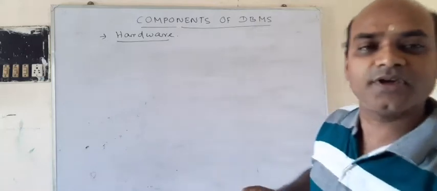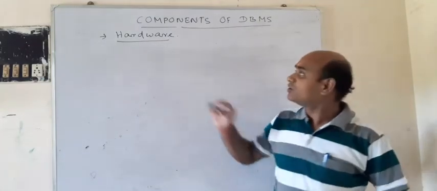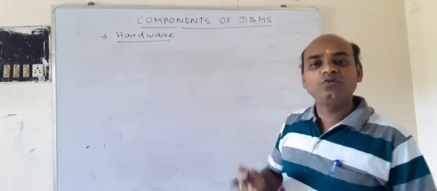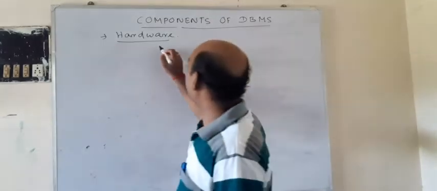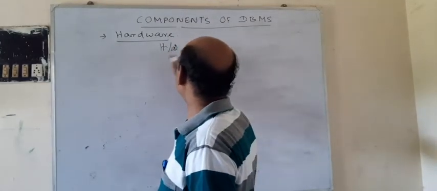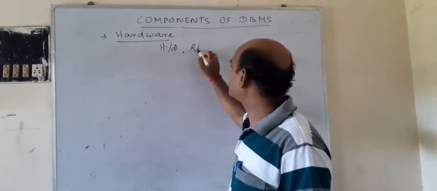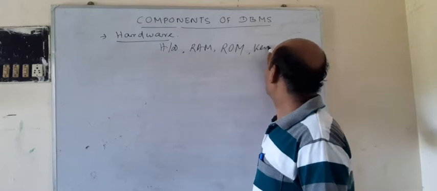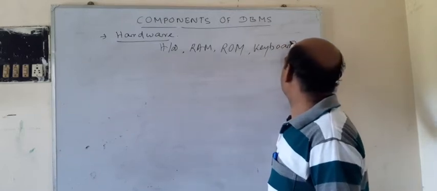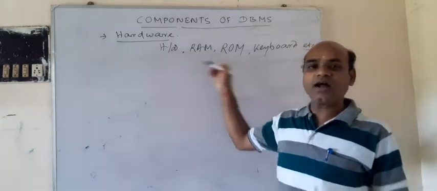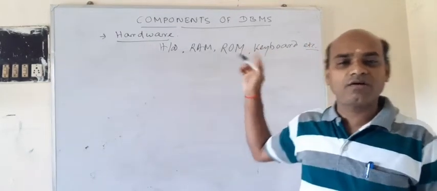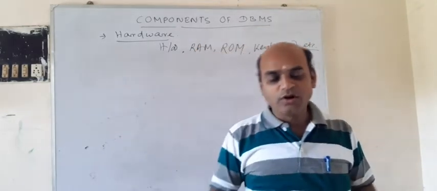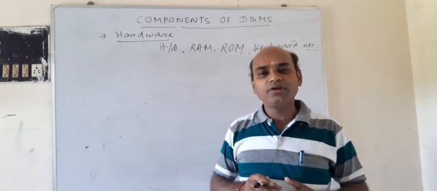There are so many physical components and external peripherals required to store a database. For example, your hard disk, RAM (random access memory), ROM (read-only memory), keyboard as an input device, etc. These hardware parts, or physical components of the computer, are required to store different databases in the computer memory.